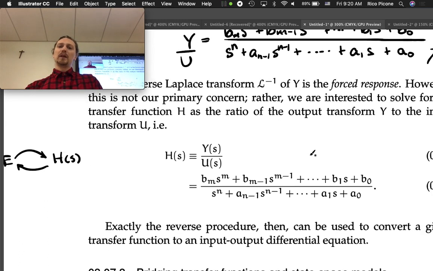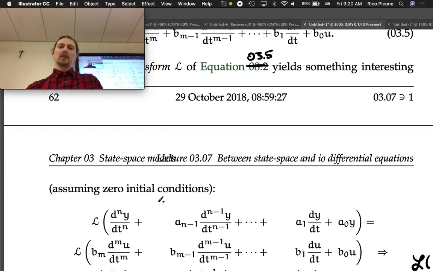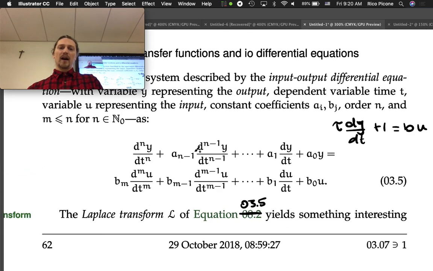But notice the really easy way we could go from the original expression, and we see where the ANs and the BMs are, and we see the time derivative orders.